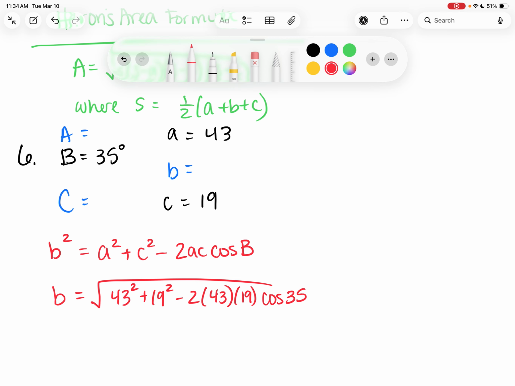Now, one thing to pay attention to when you plug this into your calculator: I would strongly encourage that you put a set of parentheses around this because it's minus all of that, just to make sure it doesn't try to subtract the 2 and then multiply, because despite how smart we think our calculators are, it's still not smart enough in a lot of cases.